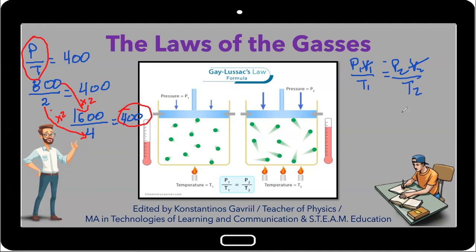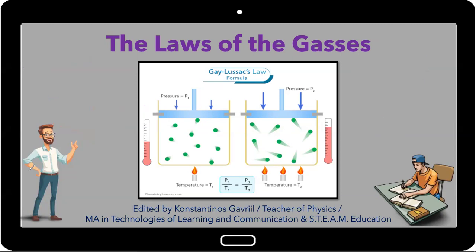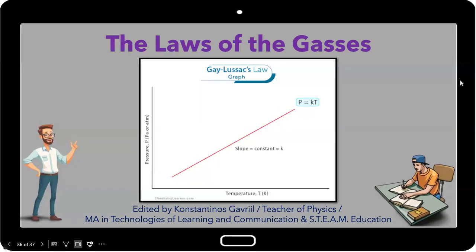When we see a multiplication, we need to remember that we have quantities that are inversely proportional. Okay, so these were the 3 laws of the gases. And Gay-Lussac's law is again a straight line as it was before, because the quantities P and T are proportional.